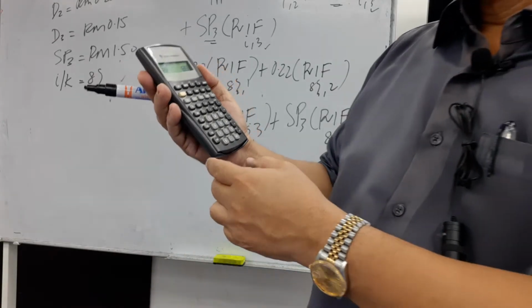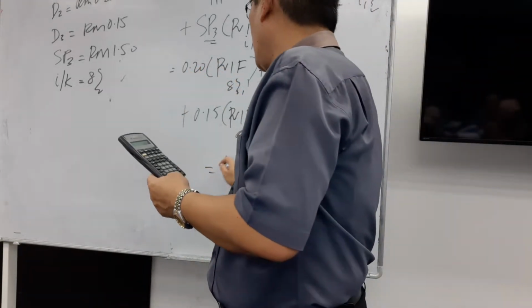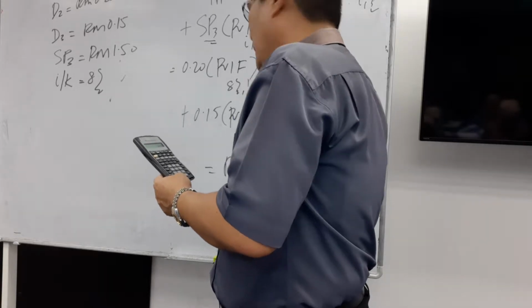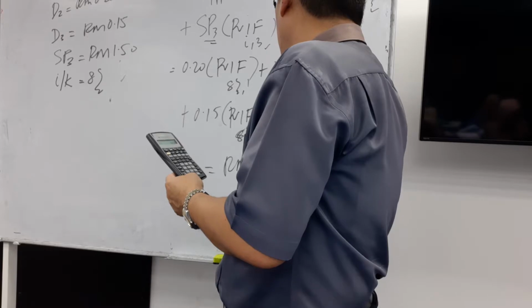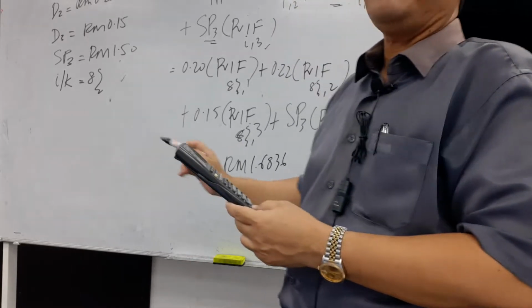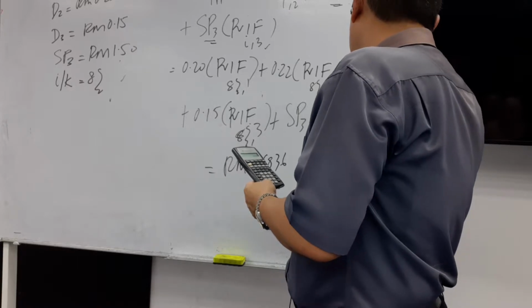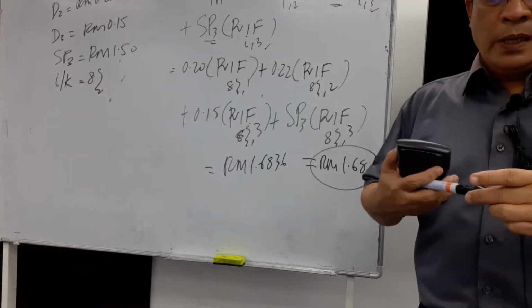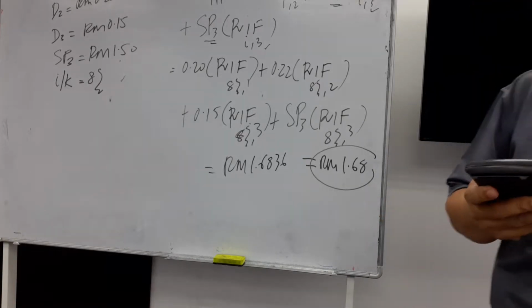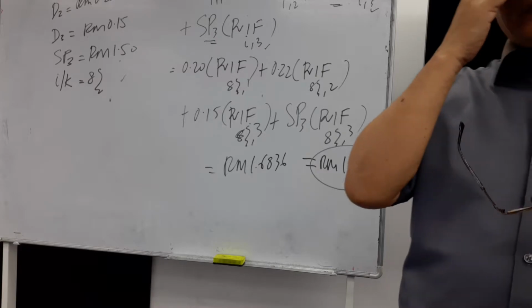Then what do you have? 1.6836, or if you round off, it becomes 1.68. This is the intrinsic value of the stock.